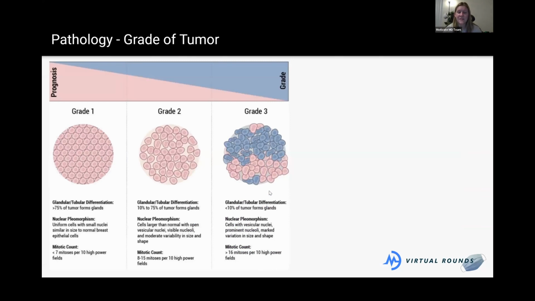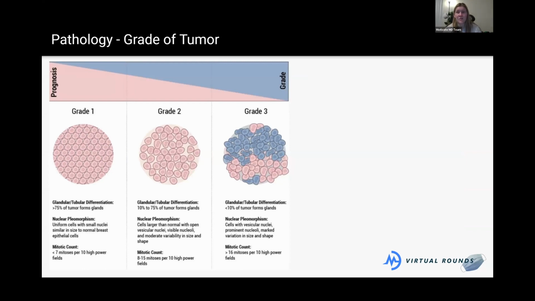And then all of these things play into the grade of the tumor. Grade 1 retains a lot of its differentiation, so it looks like the tissue it's supposed to look like. If you had a colon polyp, for example, the colon has a lot of glandular tissue, secreting a lot of things into the lumen of the colon to help with your digestion.